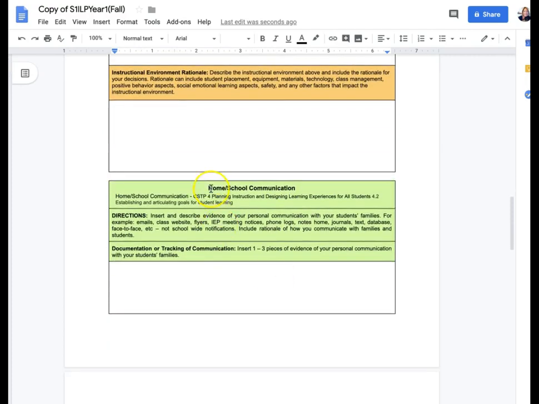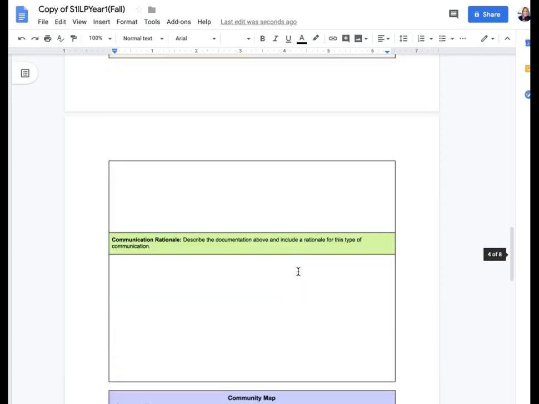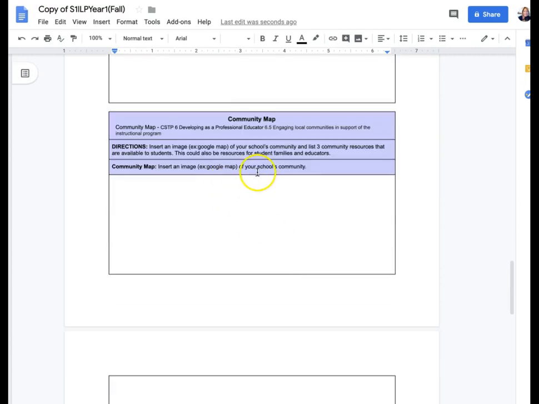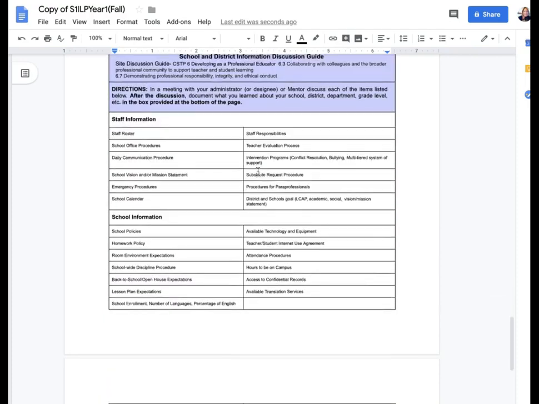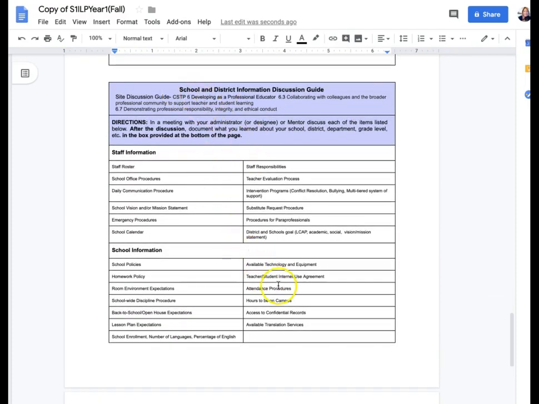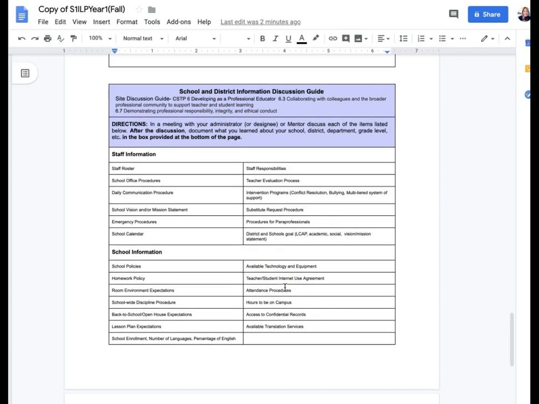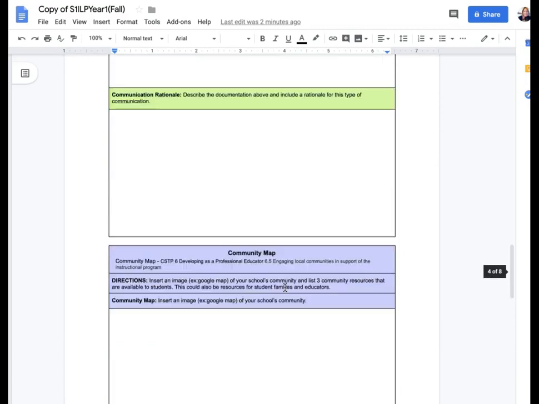Talk about how you manage communication with parents and guardians. And community map, this is about your community. Where are the libraries and other resources that could benefit students? And then you and I talk about this discussion guide. Again, you may know all this, you may have already started it, but this is where we're going.